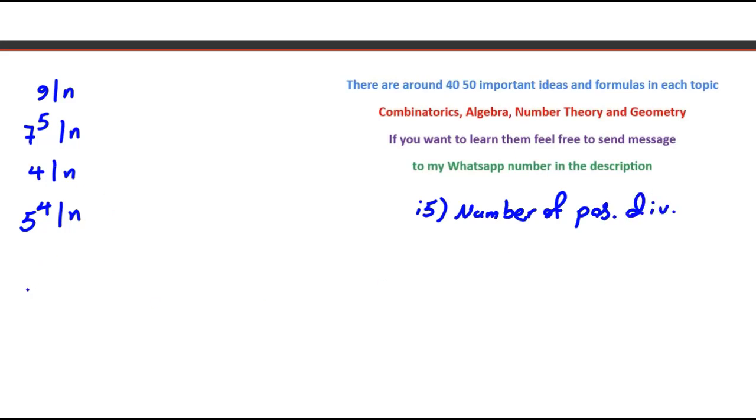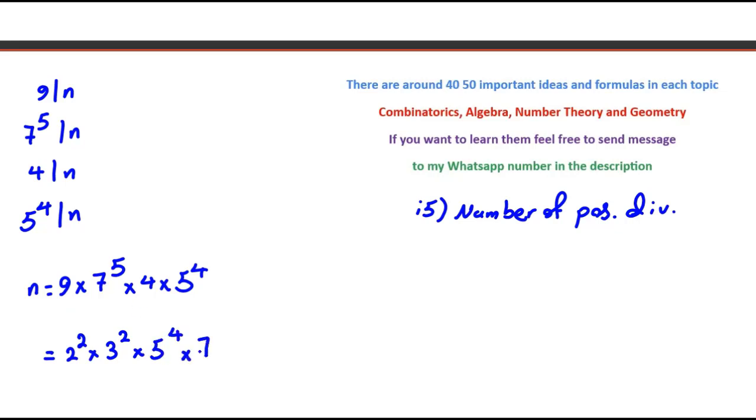So at first let's find the minimum n. n should be a multiple of 9, so the minimum n is 9 times 7 to the 5 times 4 times 5 to the 4. So we can say it is equal to, if you write it in increasing order, 2 squared because of 4, 3 squared because of 9, 5 to the 4 because of this, and 7 to the 5. Okay.